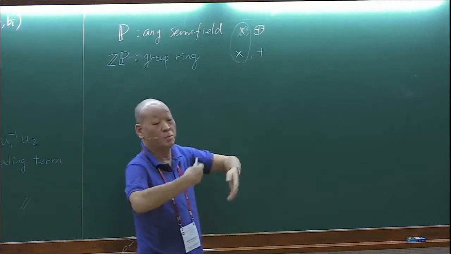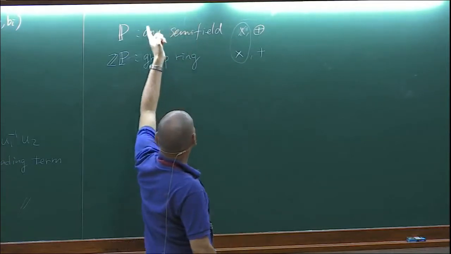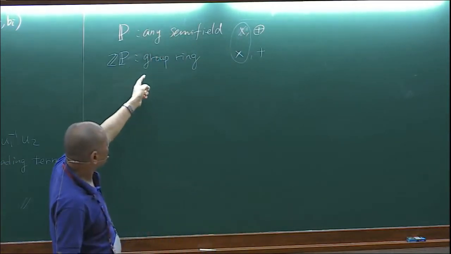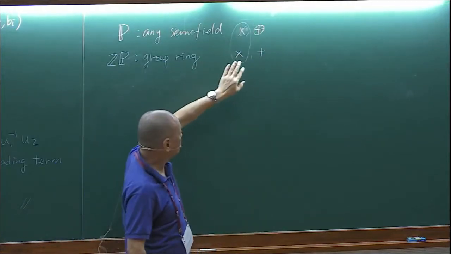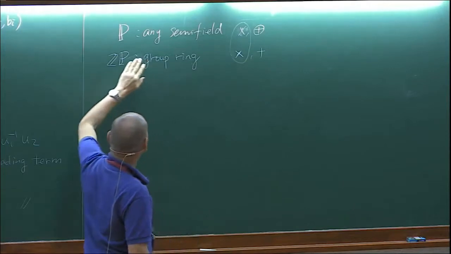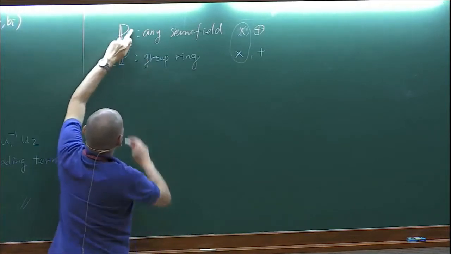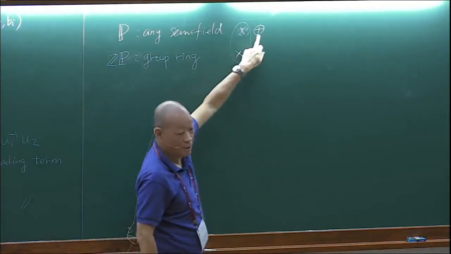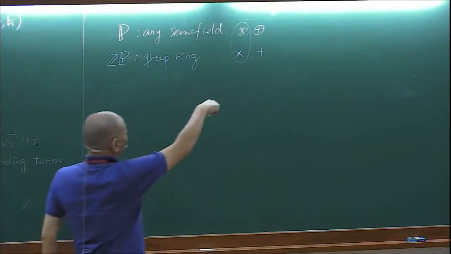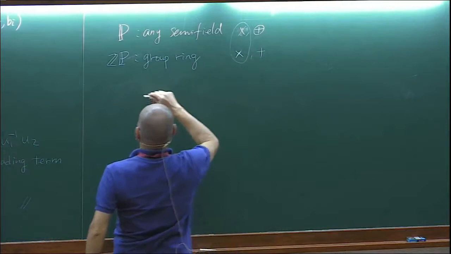So it is kind of an external addition from the point of view of this one. It's a very different thing. In this group ring, you can't use this. You are only allowed this operation. If you just see it as a subset of this, then you can make addition. That kind of thing. So you have to distinguish these things.